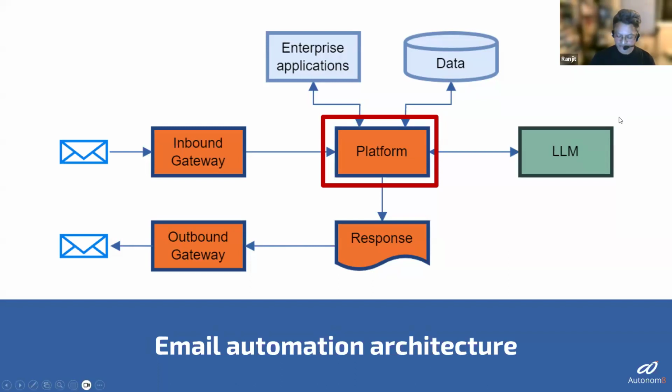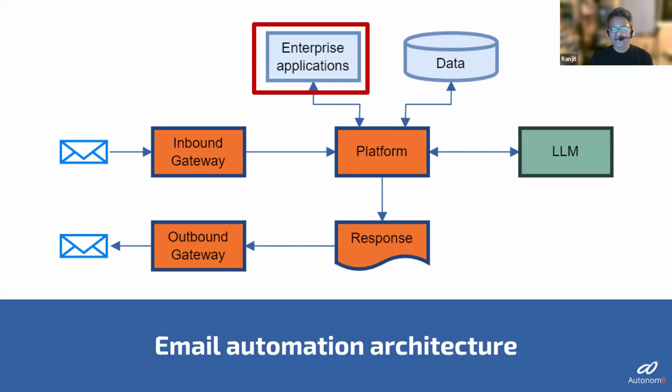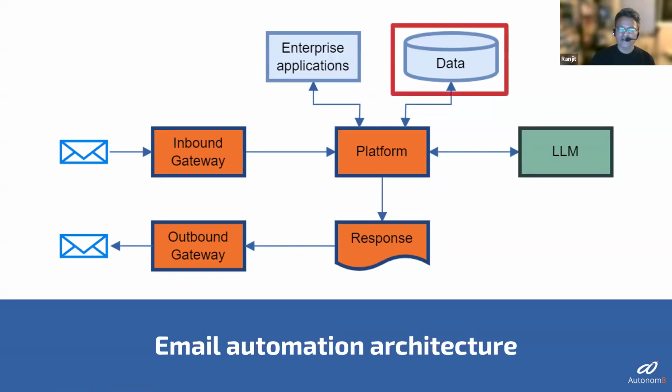Then the platform gets data. It can integrate with enterprise applications, because the core platform is ultimately a workflow automation platform. So we have the inherent capability to integrate with your CRM application, your ticketing application, your billing application, all of that. And separately, it has access to different types of data.